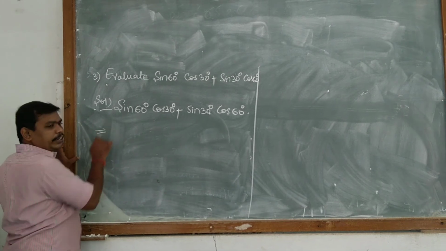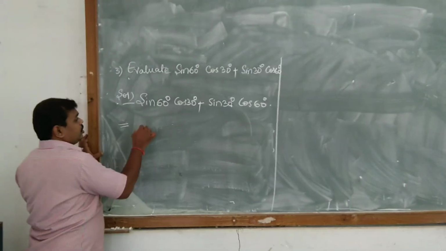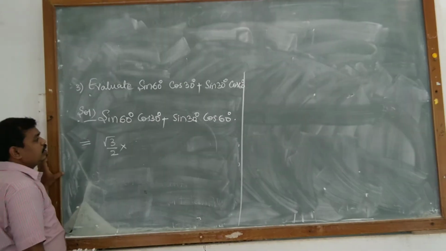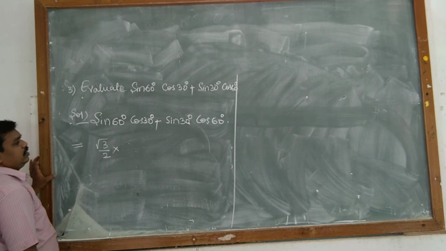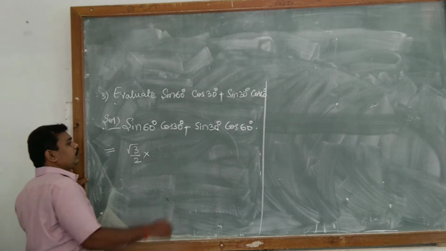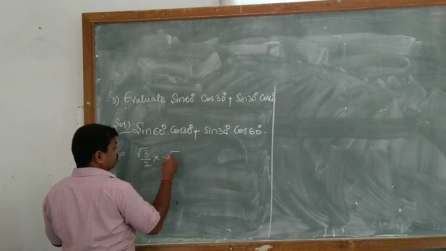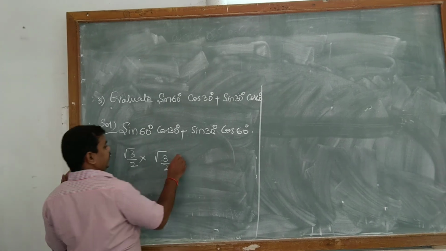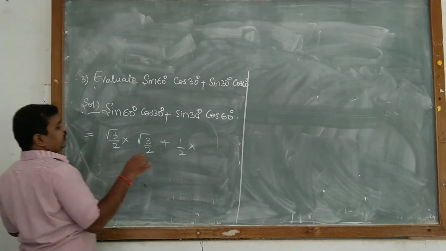Now, individually we are going to substitute the values. What is sin 60? Root 3 by 2 into what is cos 30? Cos 30 is also equal to root 3 by 2, plus sin 30 half, cos 60 also half.